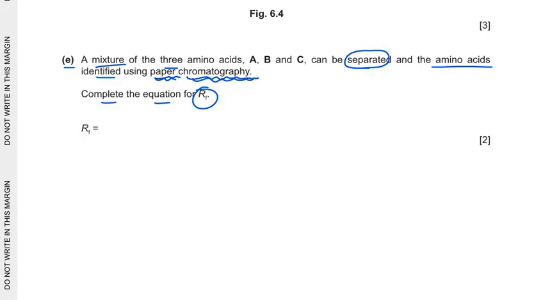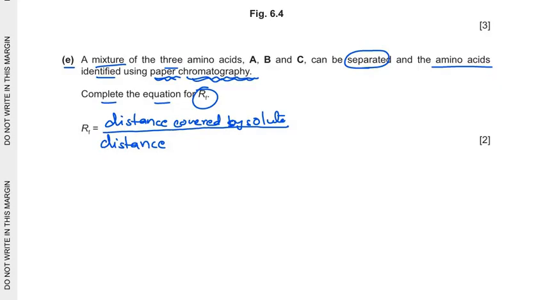Now the RF value is something which we calculate from paper chromatography, and the formula is the distance covered by the amino acid, or the distance covered by the solute, upon the distance covered by the solvent.